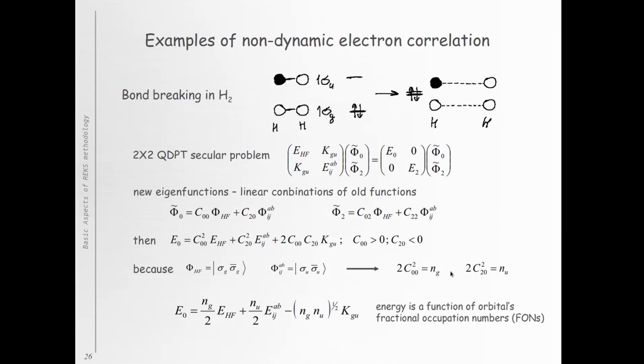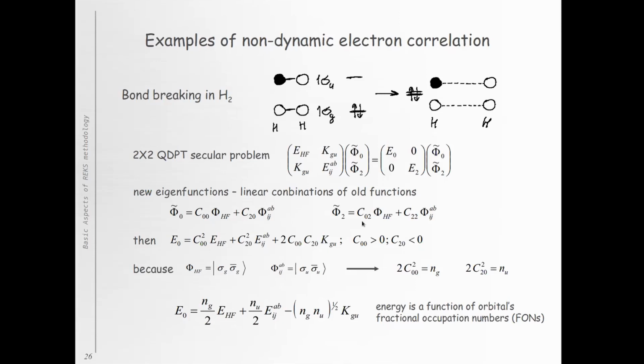So if we realize that the HF configuration, where we have a doubly occupied sigma G orbital, is an electronic configuration with fixed occupation number, 2 electrons in sigma G, and the other is given by the electronic configuration with 2 electrons in orbital sigma U. So the occupation number of sigma G is 2 in this configuration, and that of sigma U is 2 in the other.